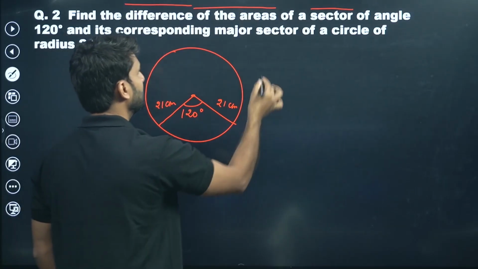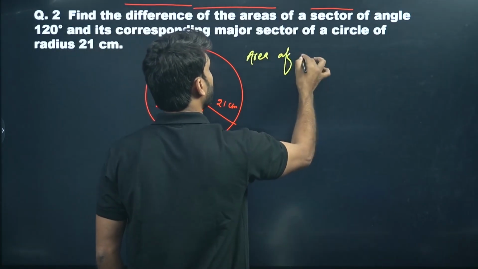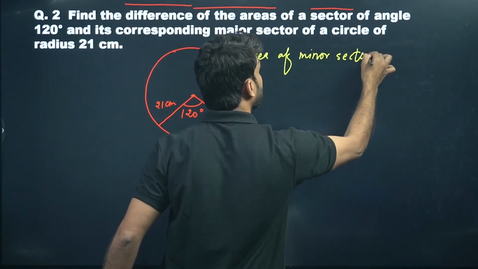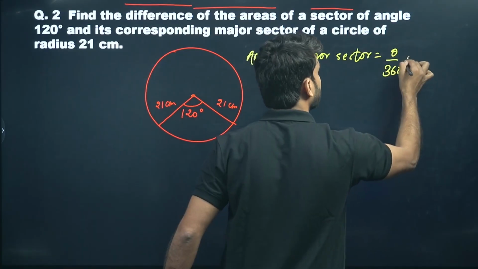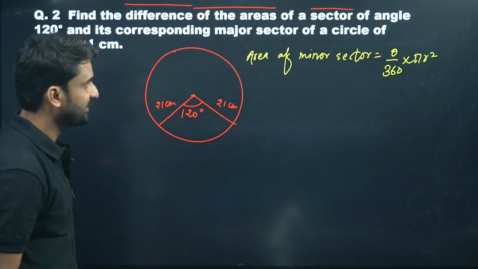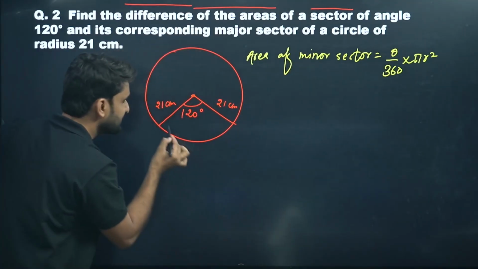The area of the minor sector we can find using the formula theta by 360 pi r square, which I have already told you. By using this formula we can calculate the area of this portion.